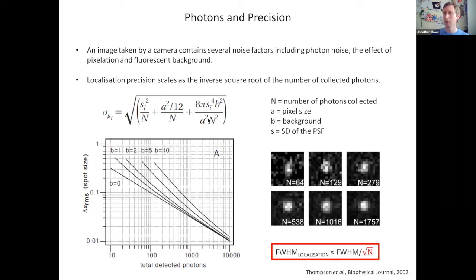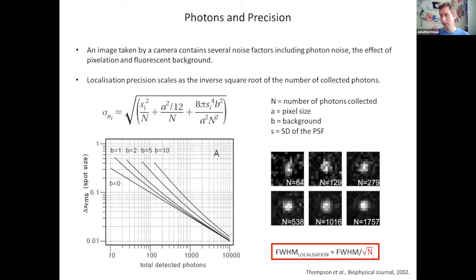Now, if you design your microscope appropriately so that the pixel size is not limiting, and if you design your sample such that the background is not too high, then effectively these latter two terms become negligibly small. And then what you're left with is this first term, and we can simplify the equation to the localization precision. It's approximately equal to the width of the focus spot divided by the square root of the number of photons collected.